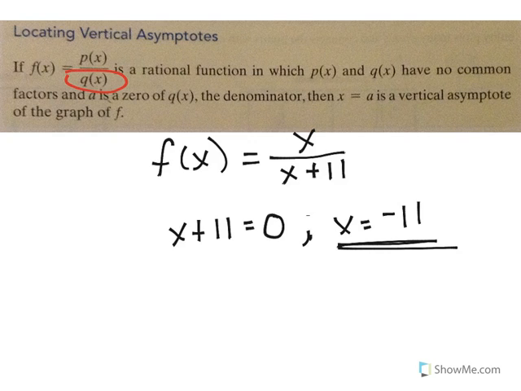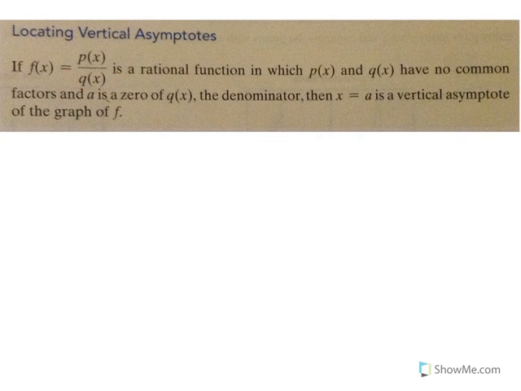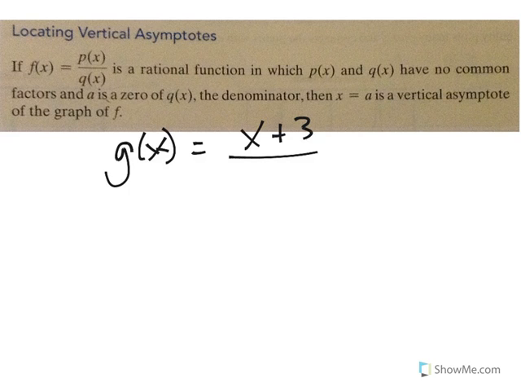So let's do another one here, the vertical asymptote. Let's say g of x is equal to x plus 3 over x squared minus 9. I hope you notice here that the denominator, x squared minus 9, we can apply the difference of squares there, so we can factor here.